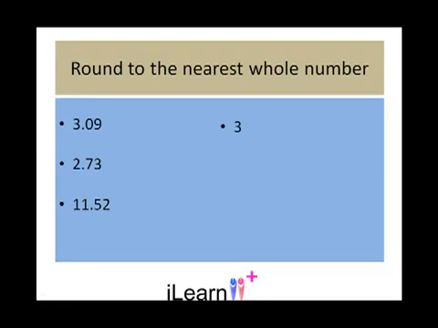So the nearest whole number is 3. 3.73 rounded to the nearest whole number is 3.